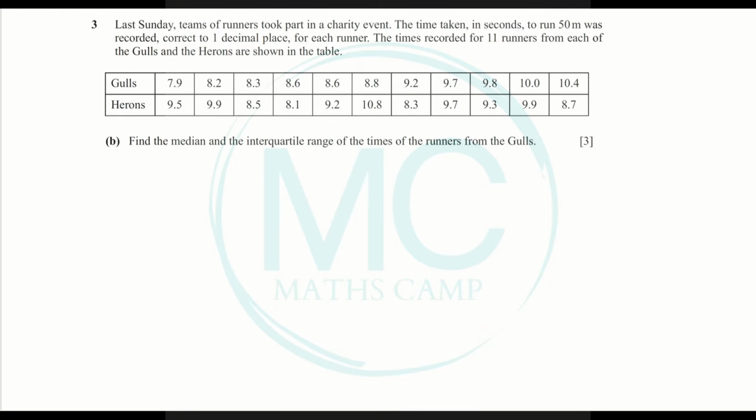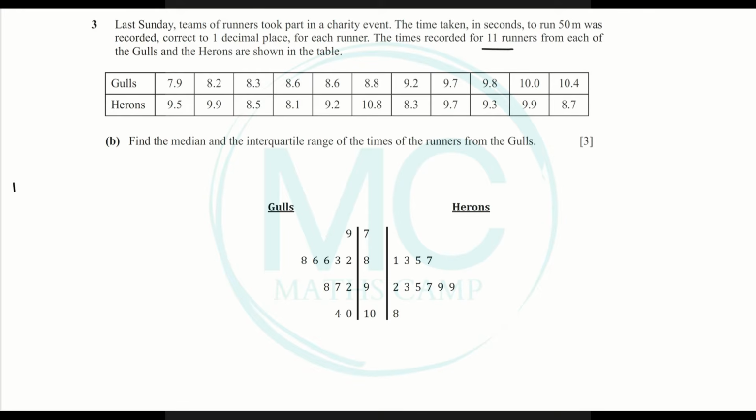Find the median and interquartile range of the times of the runners for the gulls. So let's look at our diagram. The median, Q2, sits directly in the middle of the data set. The easiest way to find this is to consider the total number of values. We're working with 11 runners.